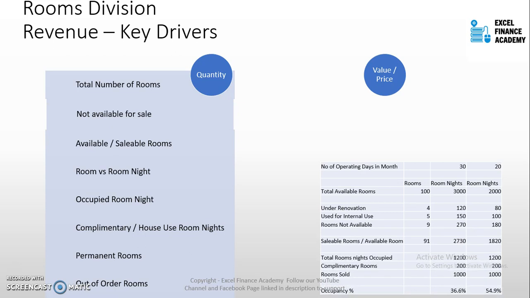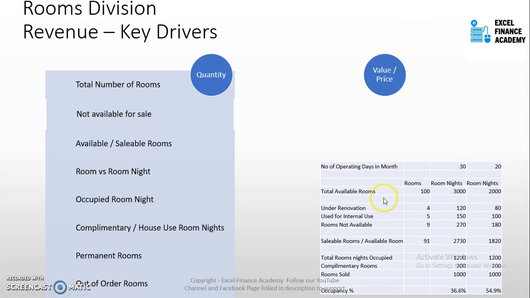So let's look at a small example now. Here we are considering hotel rooms which operate for 30 days, and in one scenario operate for 20 days, maybe because of seasonality, since we could use 365 days, and a low season, maybe a rainy season for some days.